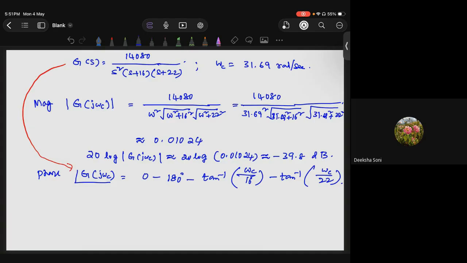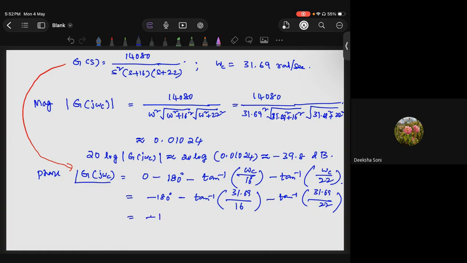Okay, so then we can substitute omega c at every point. If you substitute them, it will be like minus 180 degrees minus tan inverse 31.69 by 16 minus tan inverse 31.69 by 22.